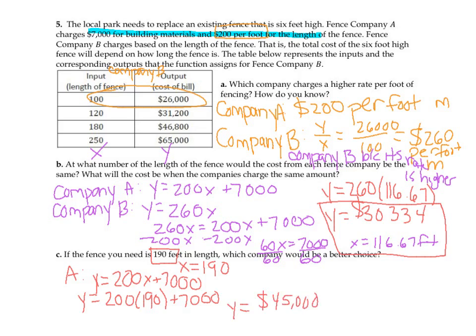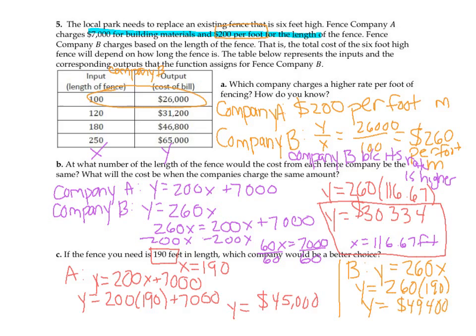we get y equals 45,000. So now that we plugged x equals 190 into Company A's equation, we have to do the same for Company B. Company B's equation is y equals 260x. So when we plug x of 190 in, we have y equals 260 times 190. And in our calculators, we get $49,400.